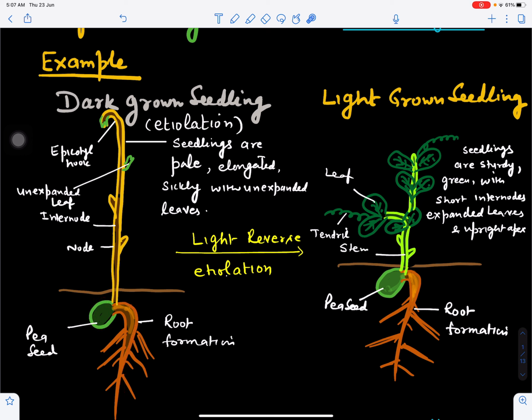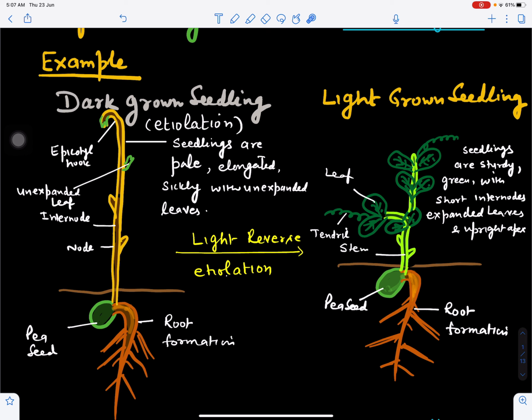Now the stem is quite weak, divided into nodes and internodes, and leaves are unexpanded, meaning they're not properly expanded, and they're small in size. And here at the tip we can see it is leading to the formation of an apical hook. So seedlings are pale, not green in color, elongated, weak, sickly, with unexpanded leaves.